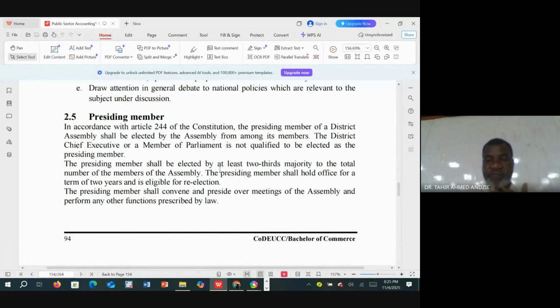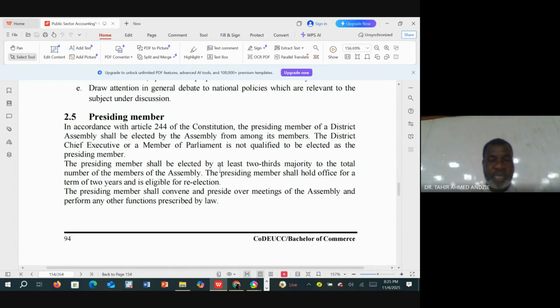When somebody is a chief executive, he cannot be elected as a presiding member. Neither can an MP, because once you're an MP, how can you then become presiding member again? So chief executives and members of parliament, even though they are members of the assembly, cannot be elected as presiding members. So presiding members are supposed to be part of the assembly members.